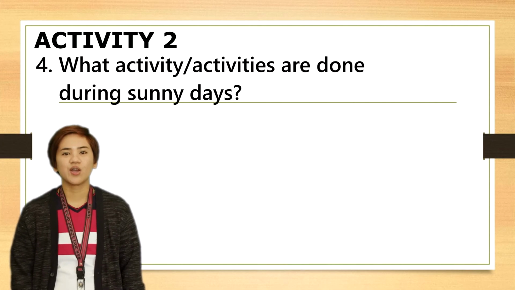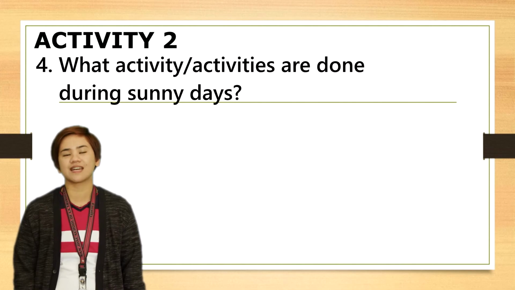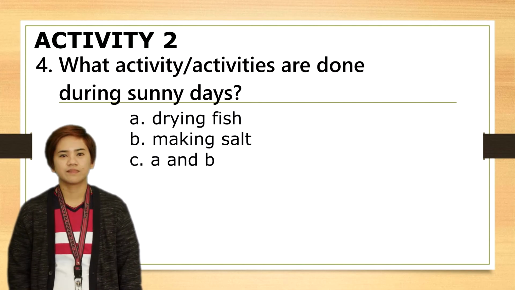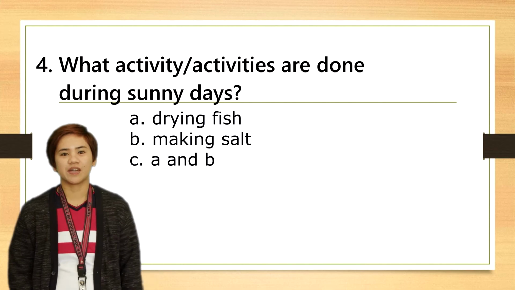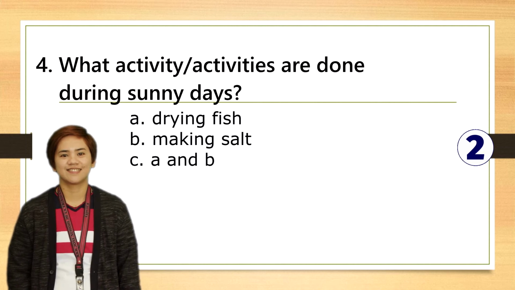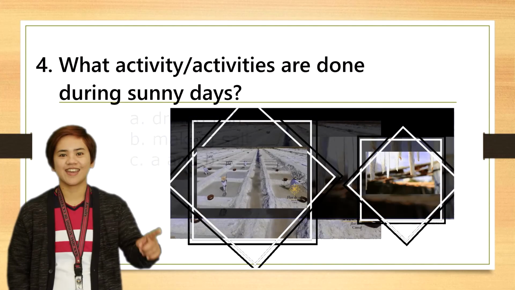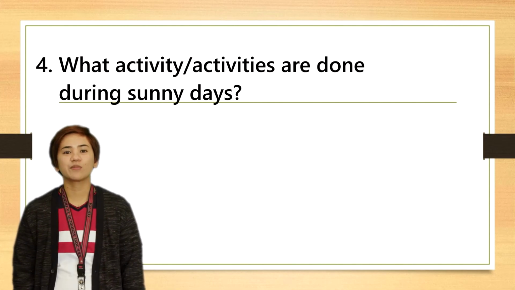Number 4. What activity or activities are done during sunny days? A. Drying fish. B. Making salt. Or C. A and B. Correct. The answer is letter C. Number 5.